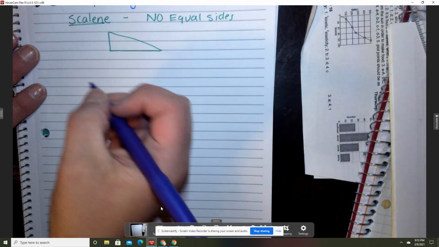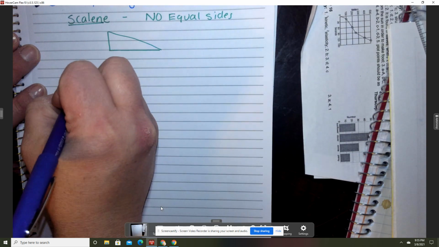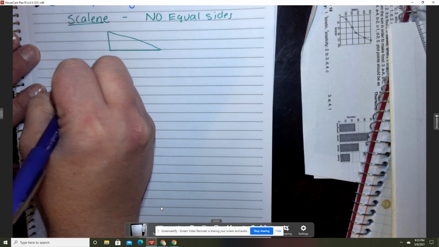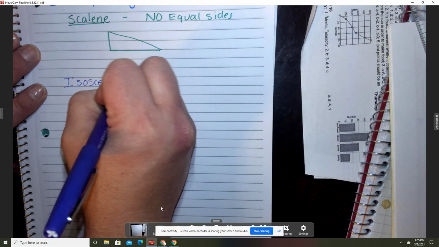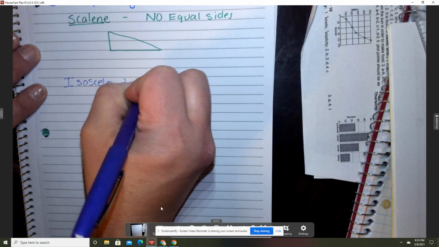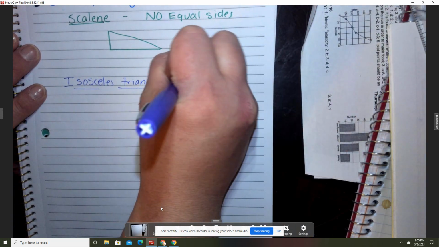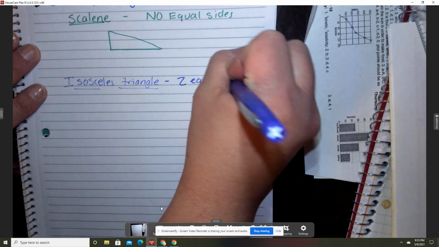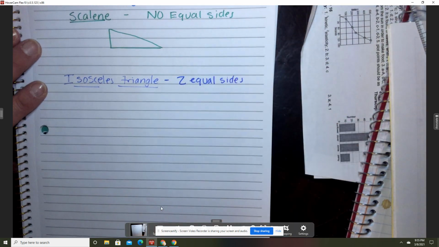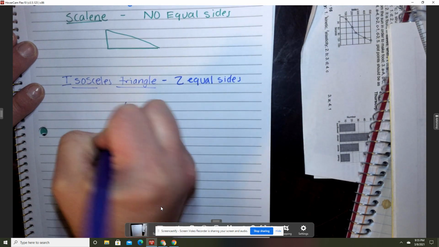All right, and then I have an isosceles triangle. Okay. This has 2 equal sides. See if I can do it.